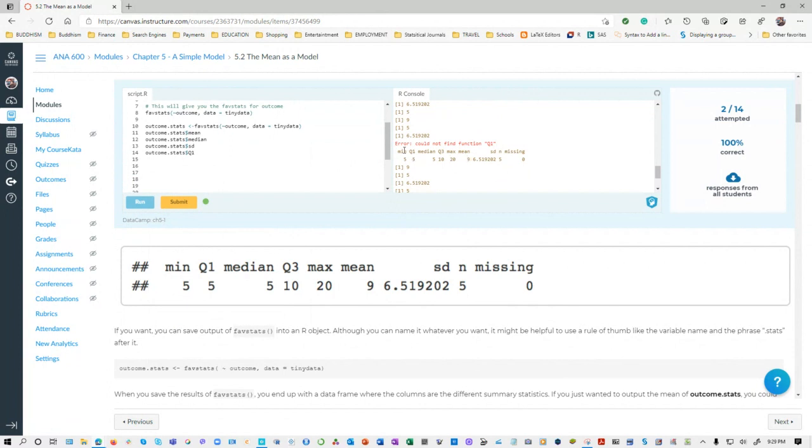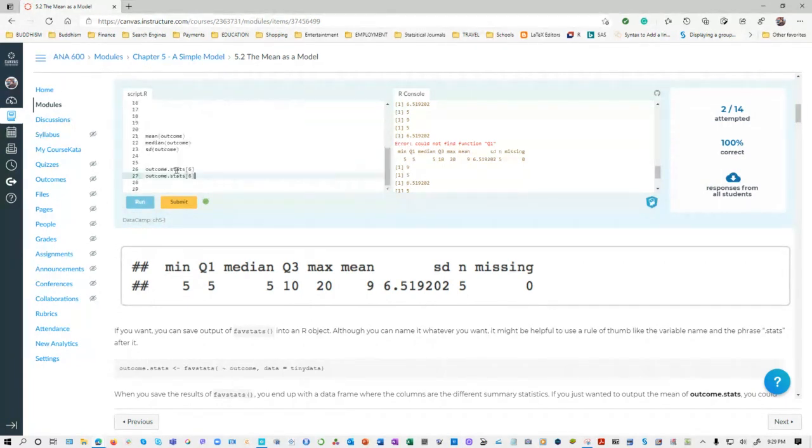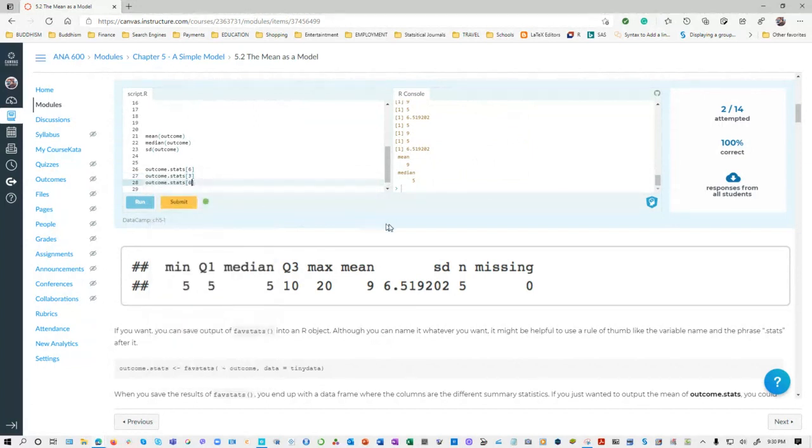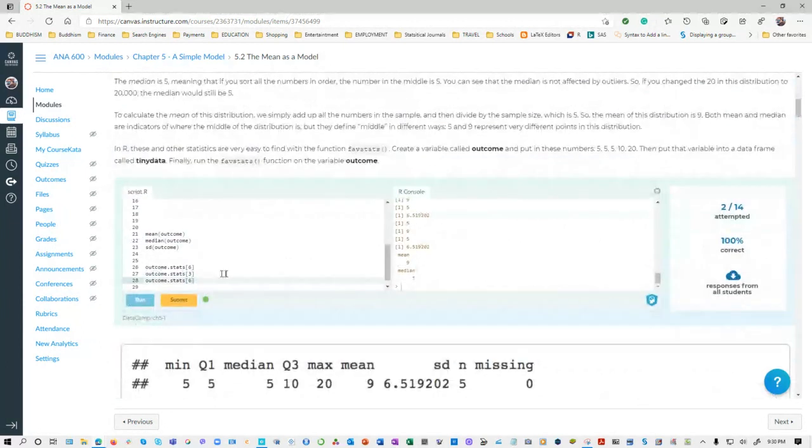See, median would be in the 1, 2, 3, third entry. I'm gonna get the third entry. See, it's the median. And if you need the standard deviation, pretty much go to the same thing and then say my entry, the name of the entry within the brackets. That entry would be standard deviation on the 1, 2, 3, 4, 5, 6, 7th entry. See?